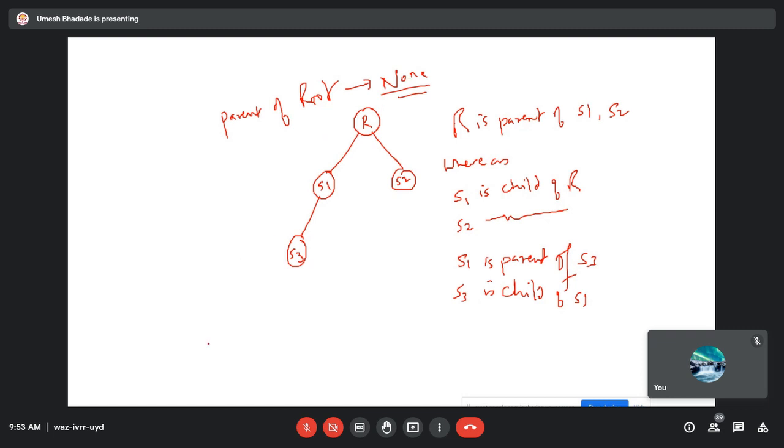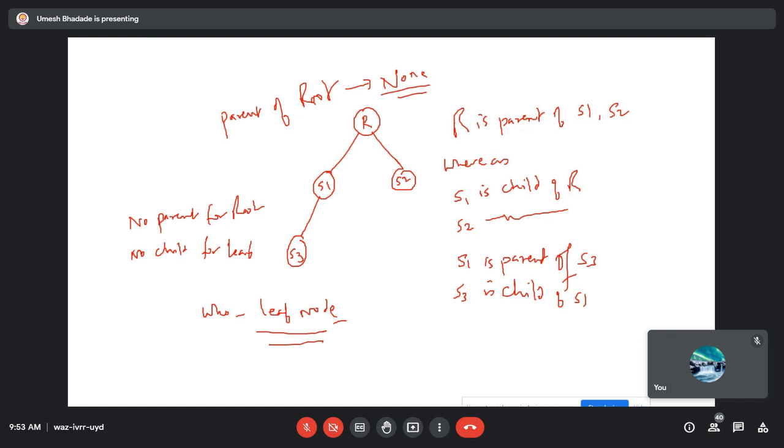And who will be the child of leaf node? Leaf node को कोई child होगा क्या? No. So there will be no child to leaf node and no parent to root node. ये दो चीजें ध्यान में रखना है. No parent for root node and no child for leaf node. ठीक है.